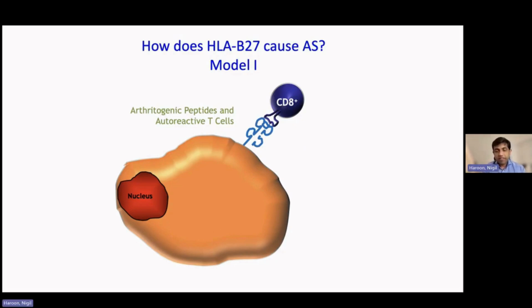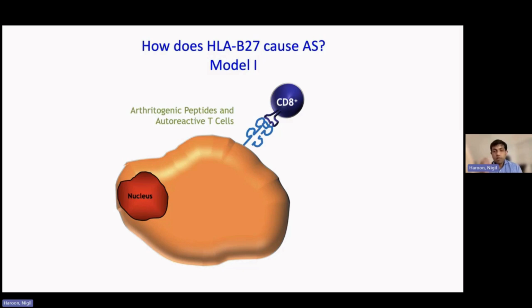So even after 50 years, we don't know exactly how, but there are a few theories, okay? The first hypothesis is that just like HLA-B27 presents hepatitis C and HIV antigens, it may be presenting some antigen that CD8 T cells in our immune system may be recognizing, and this antigen may be cross-reacting with another antigen in the SI joints or in the enthesial tissues or in the rest of the musculoskeletal system.